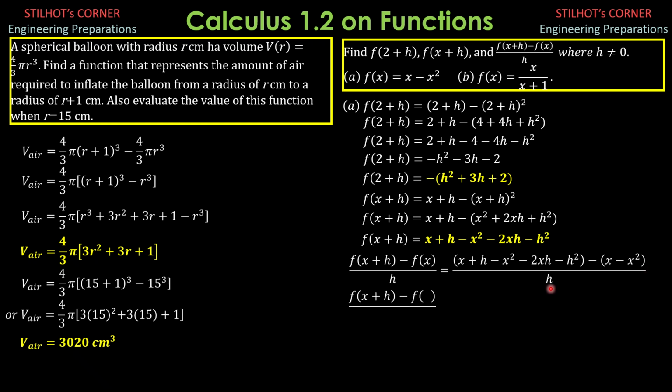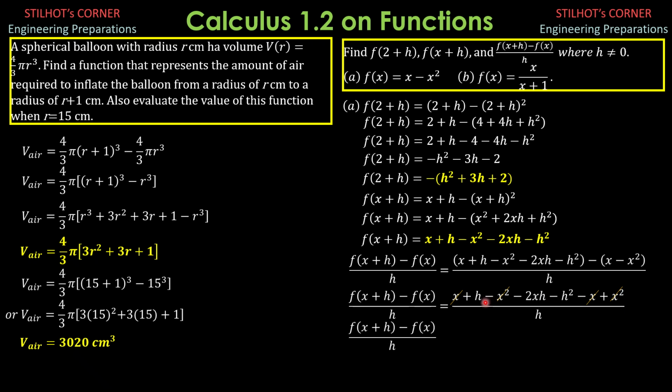So simplifying, that would be x plus h minus x squared minus 2hx minus h squared minus x plus x squared all over h. So we can cancel x and negative x, negative x squared and x squared. So factor out h because the three remaining terms have a common factor of h.